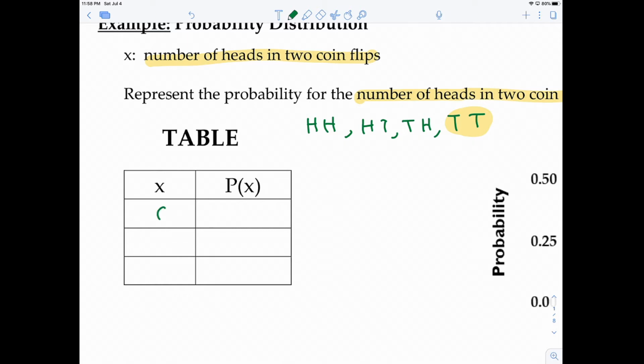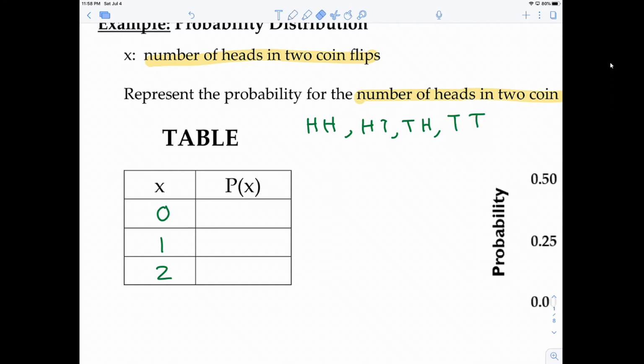There can be no heads, that's where you get 2 tails. And then there can be 1 head. We have 2 possible ways to get 1 head, but let's write down the x's first. So there can be one head, and then there can be two heads, a head and a head.